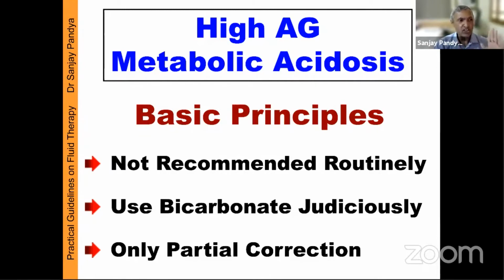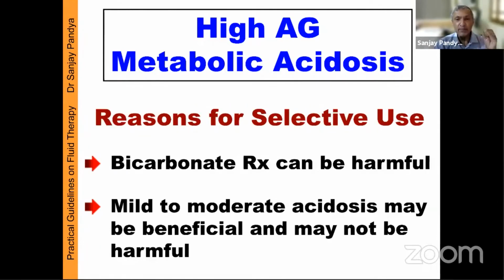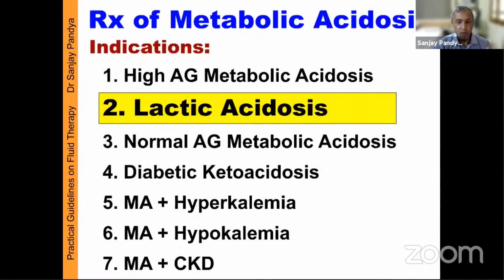No. In such cases, bicarbonate therapy can be harmful. Mild to moderate acidosis may be beneficial in high anion gap metabolic acidosis, so try to provide it only when the pH is low, bring the pH to a little greater than 7.2, and then leave it as it is. So this is what is important.